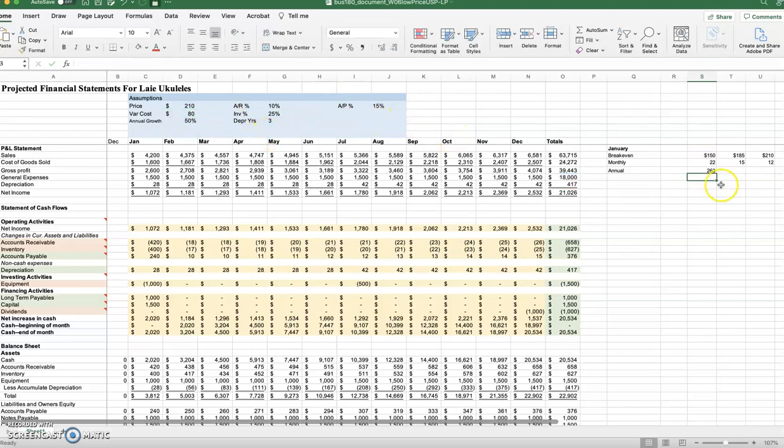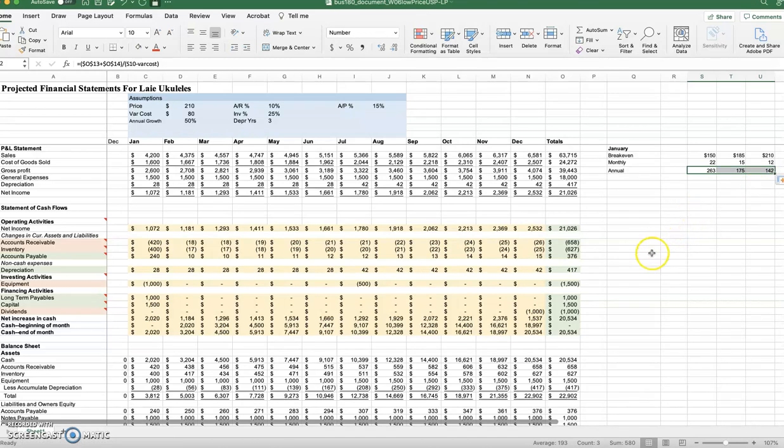So now we find that we have 263 units must be sold each year in order to break even when the units are sold for $150. But that goes down all the way to 142 when the price is 210.